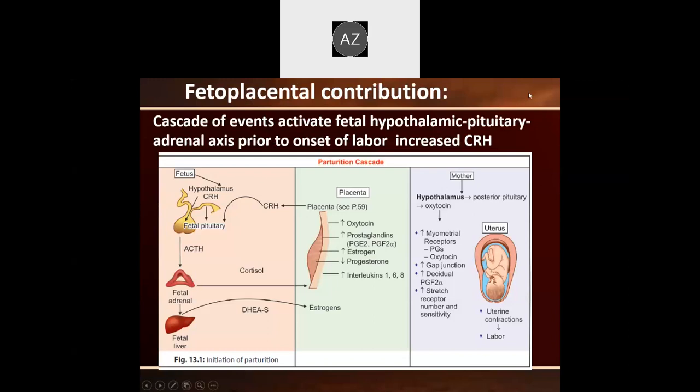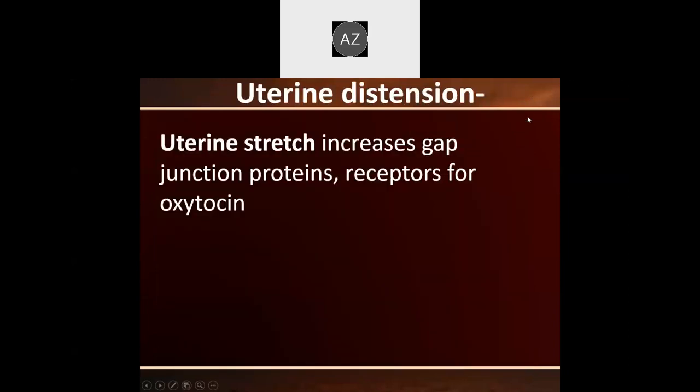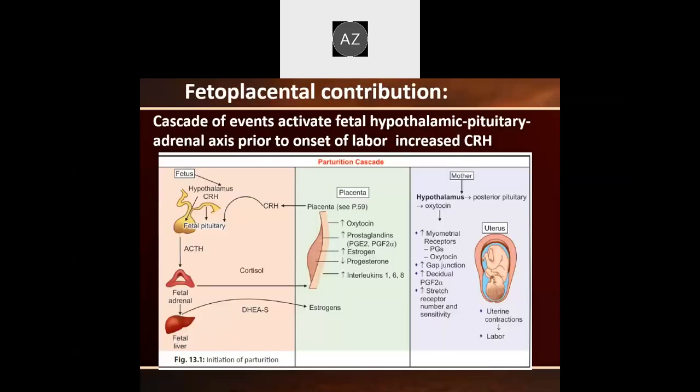And then we have the second one, that is the fetal placental contribution. So the cascade of events activated from the fetal hypothalamic pituitary adrenal axis prior to the onset of labor leads to an increase in corticosteroid releasing hormone. Now, from the fetal head, the hypothalamus releases the corticosteroid releasing hormone.